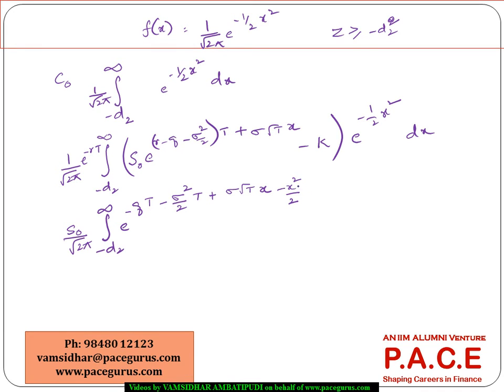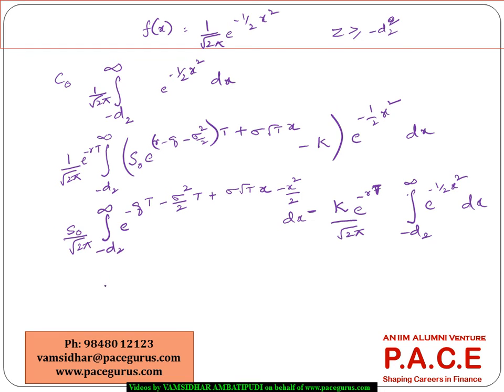And the second term, I am taking it as K by root 2 pi e to the power of minus rt, integral from minus d2 to infinity of e to the power of minus x squared by 2 dx. So separately I am taking both of them.